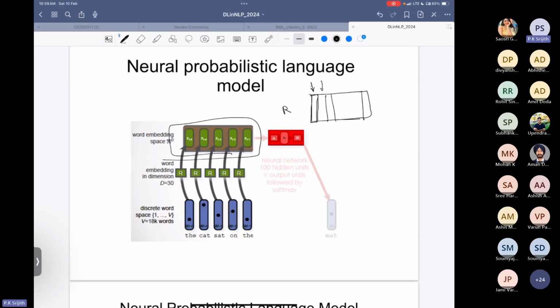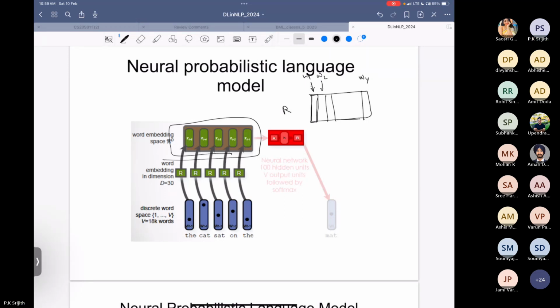The first column represents the vector representation for the first word in the vocabulary, the second column for the second word, and so on. You have V words in the vocabulary, and the last column represents the vector representation for the Vth word in the vocabulary.